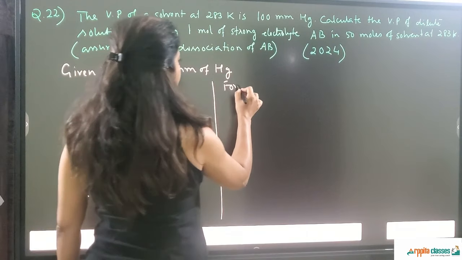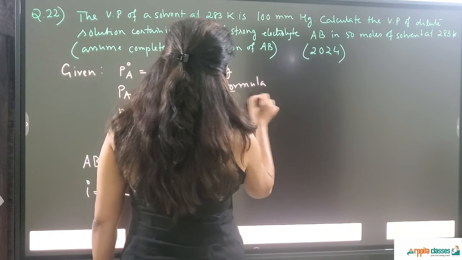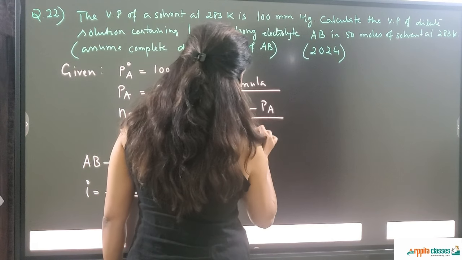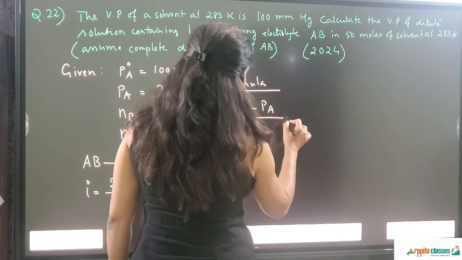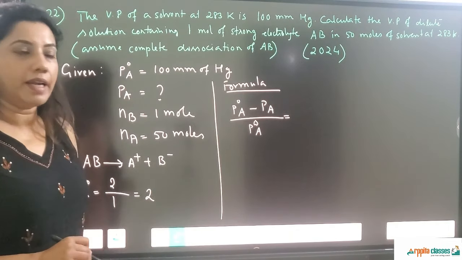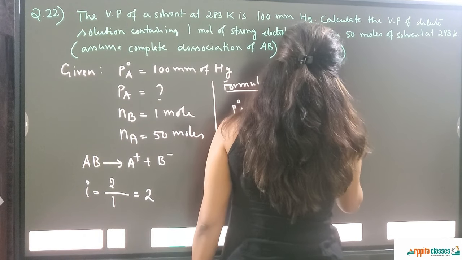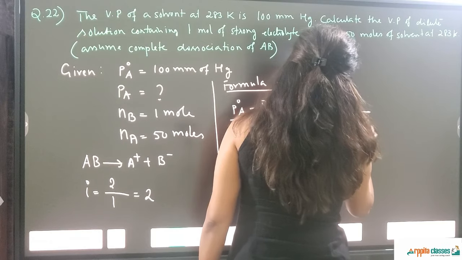Now we are going to use the formula, that is relative lowering of vapor pressure, P0 A minus Pa upon P0 A, is equal to I into Xb, and Xb is Nb divided by Na plus Nb.